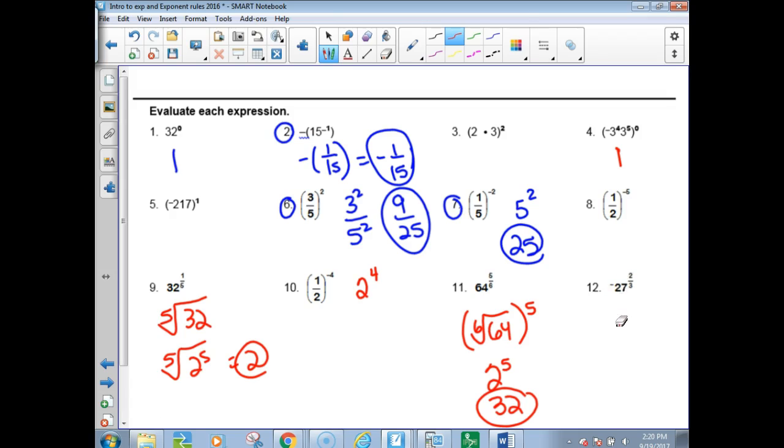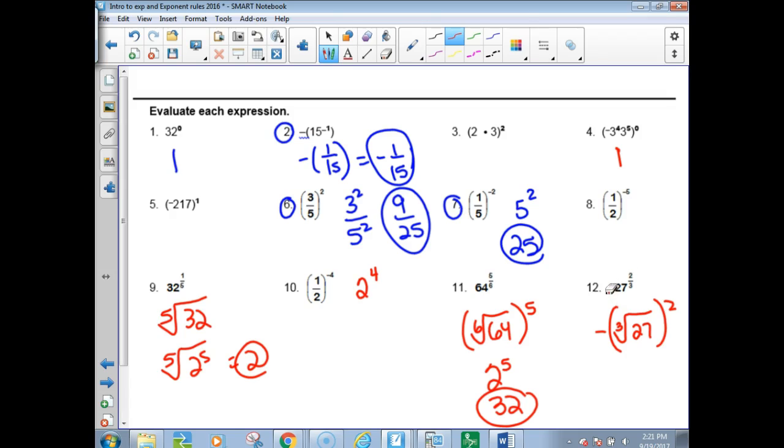All right, this one says negative. I'll go ahead and do this, because you see the negative sign? When's it going to be applied? Oh, are you squaring it, though? Is there a parenthesis around that? All right, no. So you're going to be doing the opposite of the cube root of 27 squared. This answer is going to be negative. The exponent is not what's negative, so it's not a reciprocal.